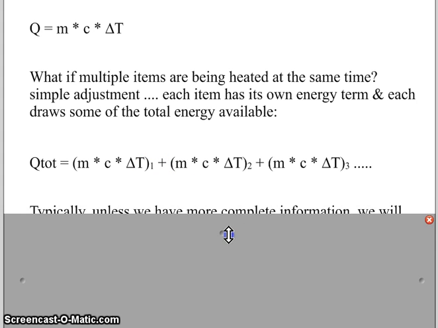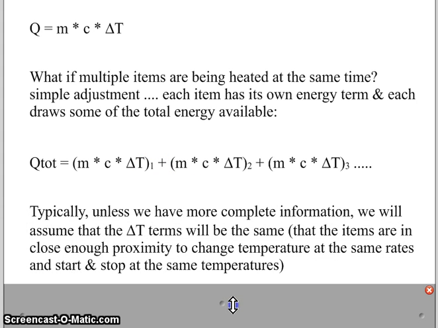Here's the thing about the change in temperature. Unless we know something much more detailed about the problem, we can assume that the changes in temperature will be the same. For example, the marble, which is sitting in the water, has had a chance to come to equilibrium so that they start at the same initial temperature. And furthermore, those two things have sat inside the silver cup long enough so that it is also at the same initial temperature.